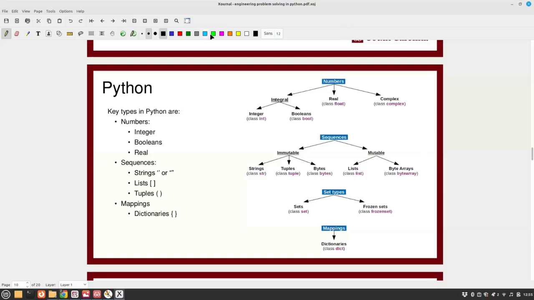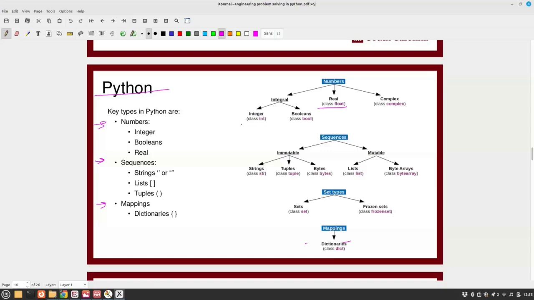So the language of Python is made up of numbers, sequences, and mappings, kind of at a high level. So numbers, we're very interested in real numbers. These are floats, right? Float because the period can float around. So 1.26, 100.8, 0.007, that's a float number.